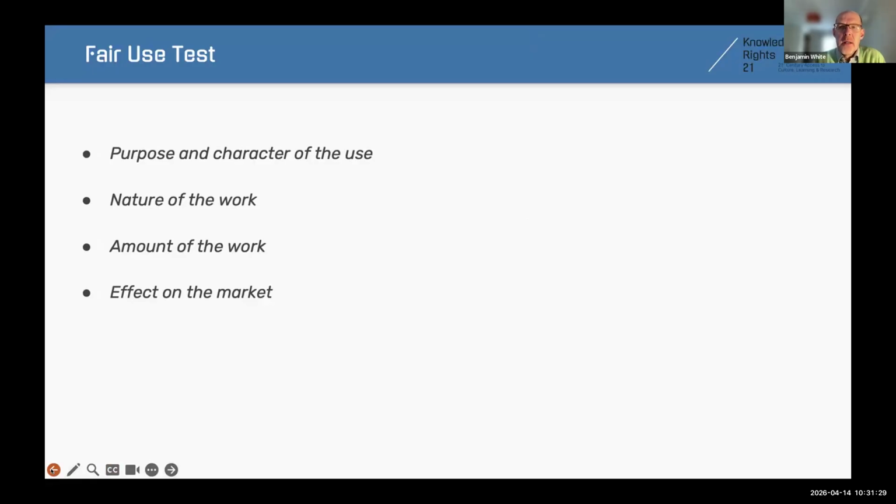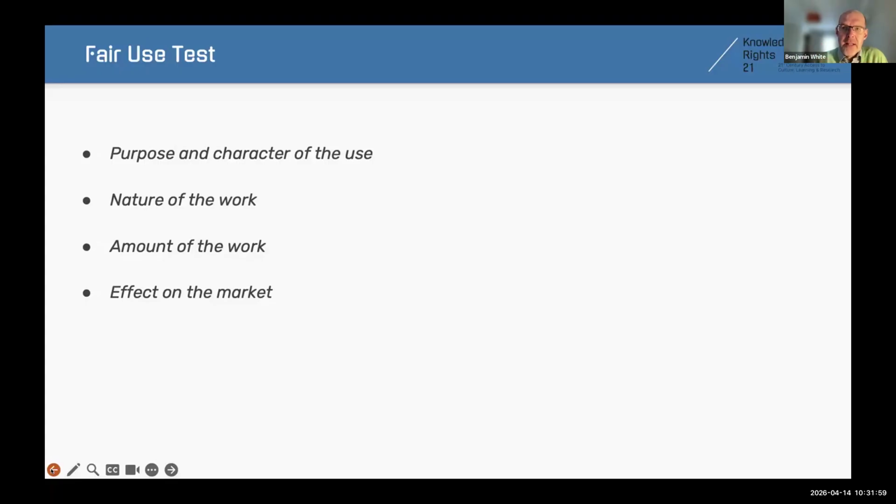The nature of the work: is it a more commercial, creative work, or is it less so? Obviously, when we're talking about science, this kind of material isn't produced by commercial creators. So often the courts will find that the nature of the work also finds in favor of fair use for machine learning.